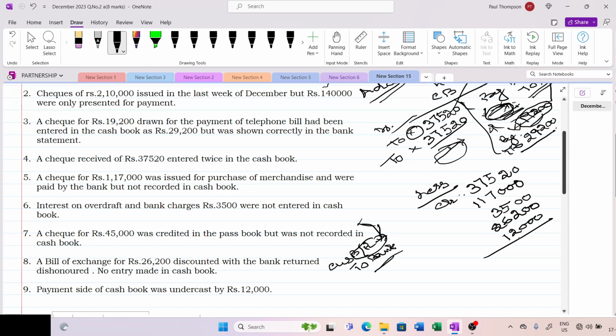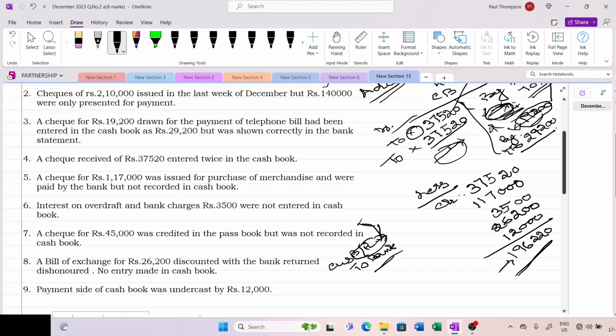When you total this side, 37,520, let me total this. 37,520 plus 1,17,000 plus 3,500 plus 26,200 plus 12,000 comes to 1,96,220. 1,96,220 rupees.